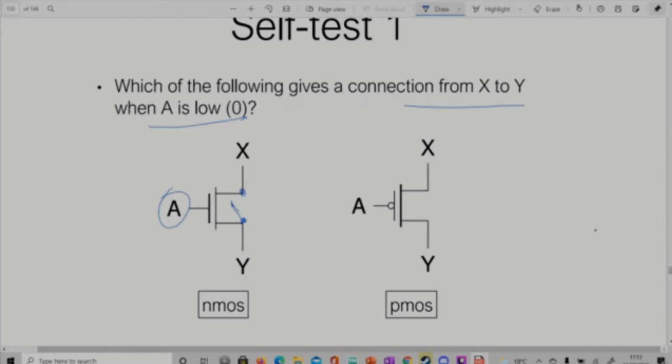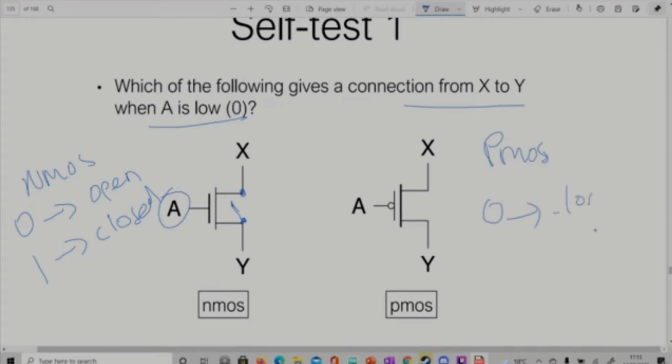So remember, in an NMOS connection, 0 equals open, 1 equals closed, and PMOS, 0 equals closed, 1 goes to open. So we want it to be closed to make the connection. So it would be the PMOS.